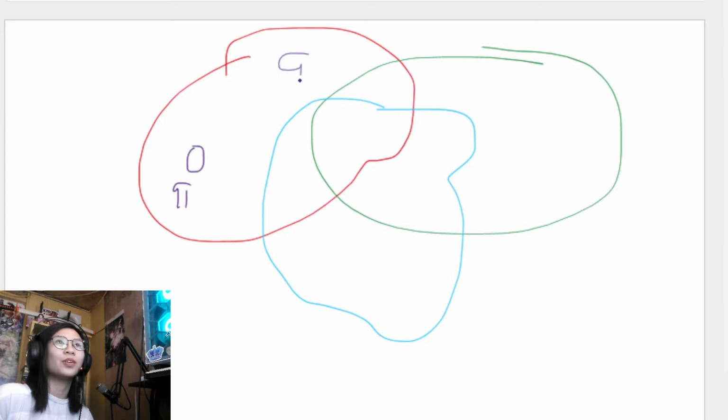We have Q2. Let's say this is positive, then this is negative. We have Q3, which is negative. We have Q4, which is positive. We have Q5 here.